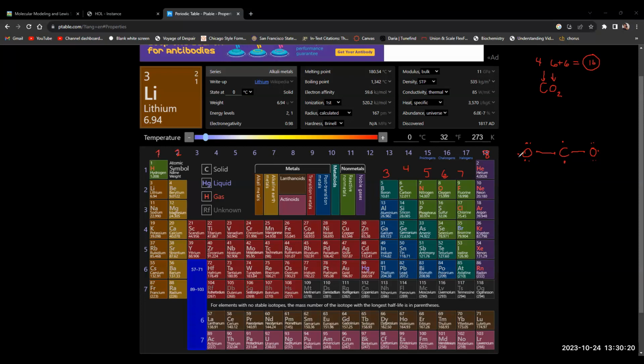So we're going to take this electron over here and this electron from this carbon and make them bond. And we're going to take this other valence electron and the other single from the oxygen and make them bond. So in the end, our structure would look something like this.